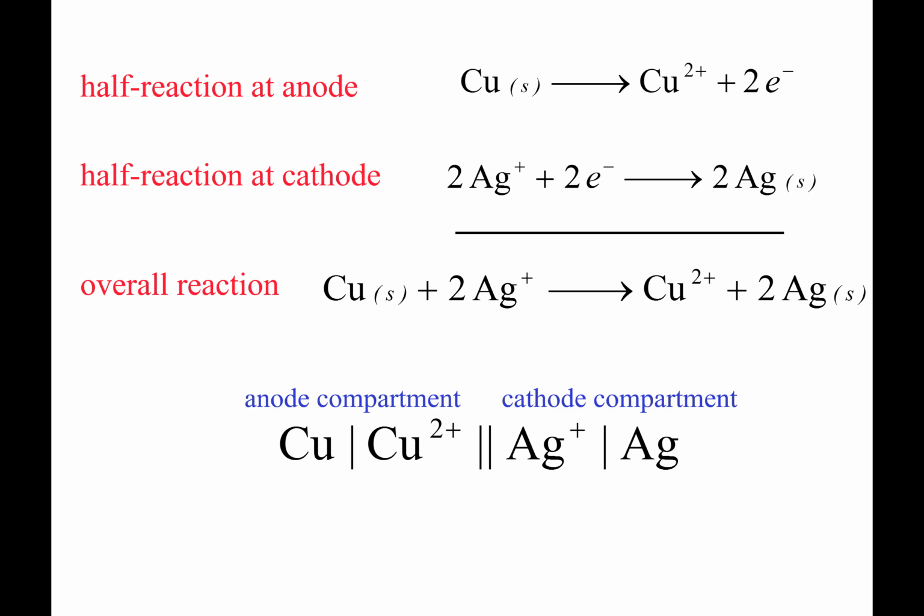The copper is going from a 0 oxidation state to a +2. This double bar right here separates your two compartments. So then from the cathode compartment, we say what's being reduced. And then again, we go to the reactant, silver, the product, so it's going from a +1 to a 0. So that's the shorthand notation.